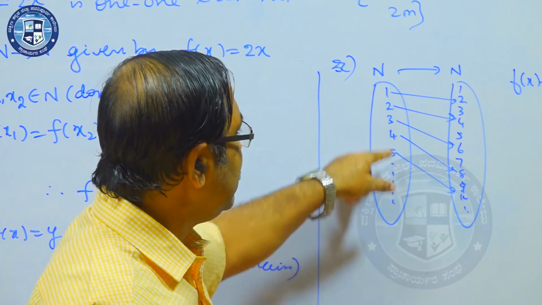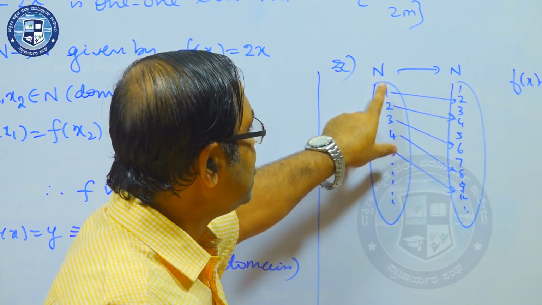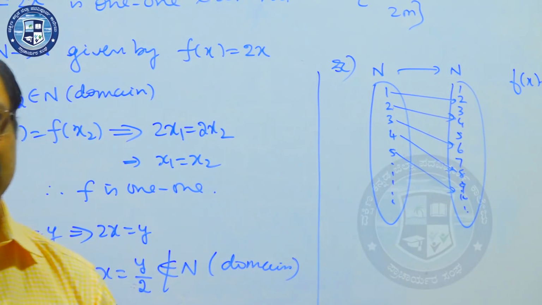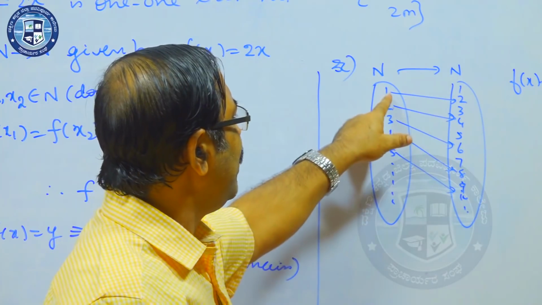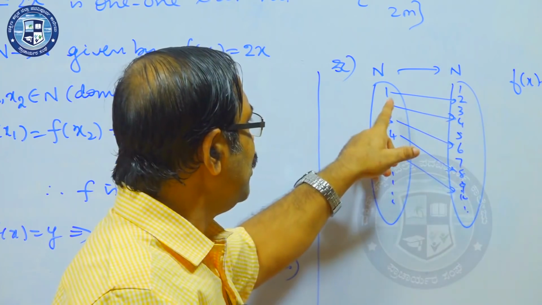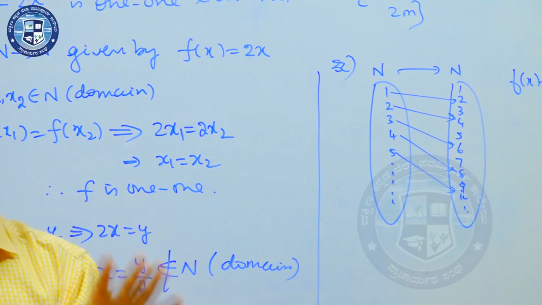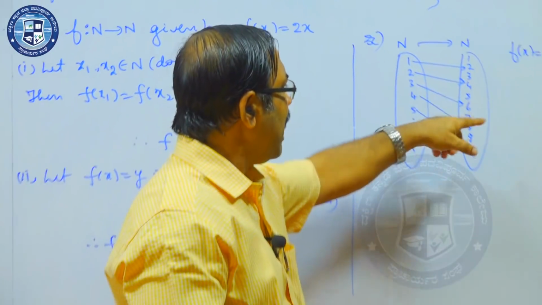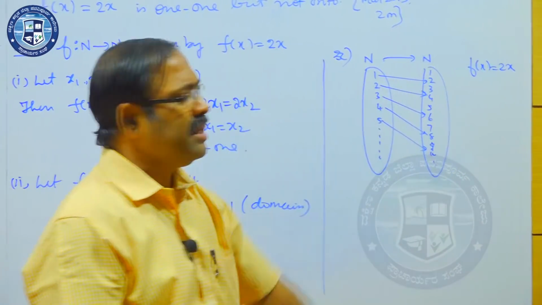So, what is your observation? All these elements of set N, that is distinct elements, will be having distinct images. In our own language, what is the meaning of that? One element should go to only one element. This is how we have to understand. So here 1 is going to 2, 2 going to 4, 3 going to 6. Therefore, distinct elements have distinct images.